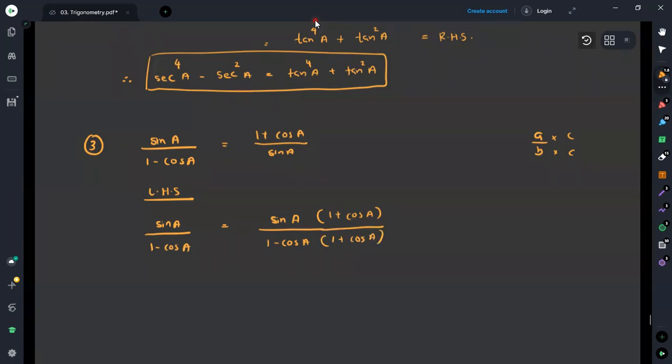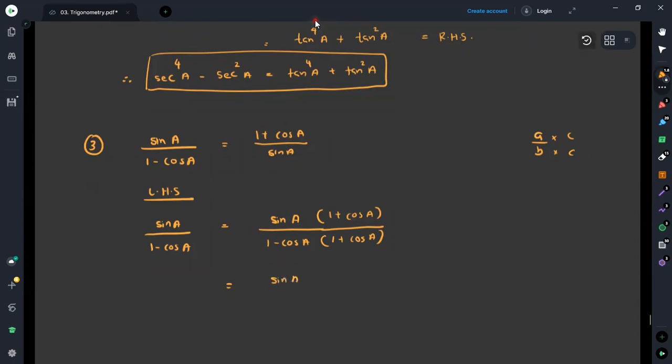If you perform this calculation, in the numerator I'm not going to multiply the bracket with sine A, because I have already created this 1 plus cosine A, which is needed on the right hand side of the equation.